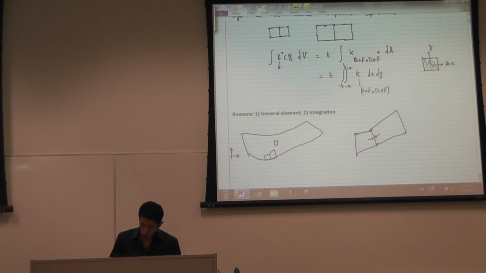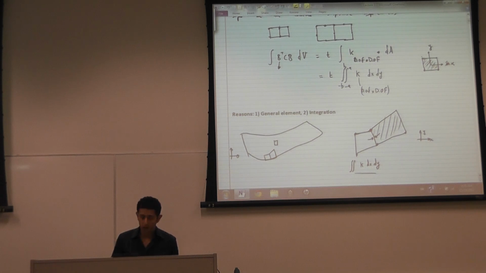And number two, for each element, I want to be able to integrate dx dy. But the problem now is, how am I going to do this integration? Let's say I'm doing the integration on this element. Well, dx changes if this is x and this is y.